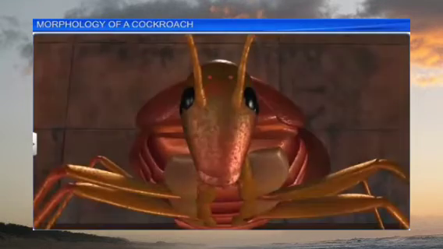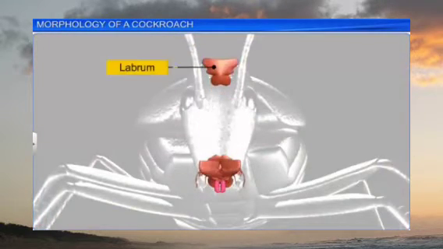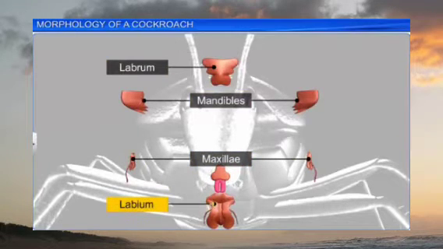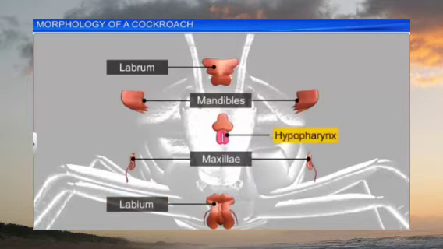The mouth parts consist of an upper lip or labrum, a pair of mandibles and maxillae, and a lower lip or labium. Additionally, cockroaches also have a hypopharynx, which acts as a tongue and lies in front of the labium.